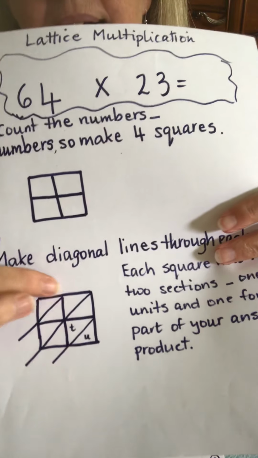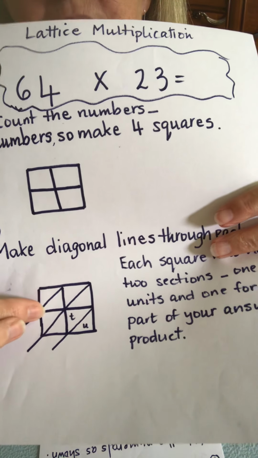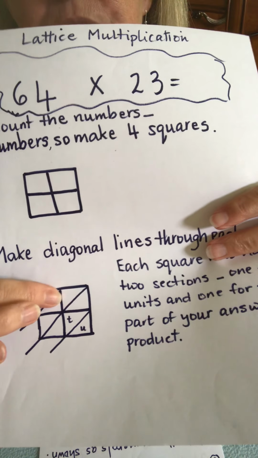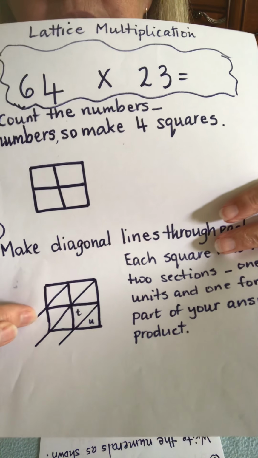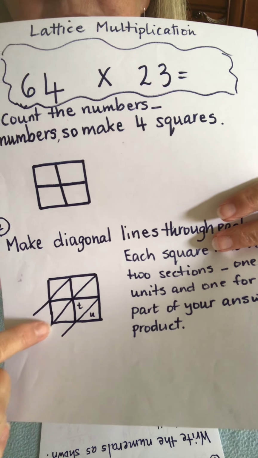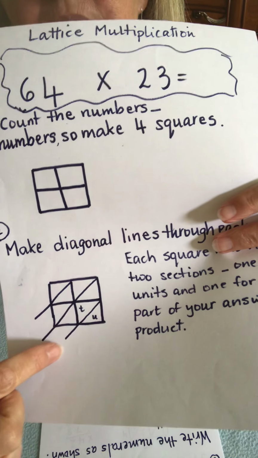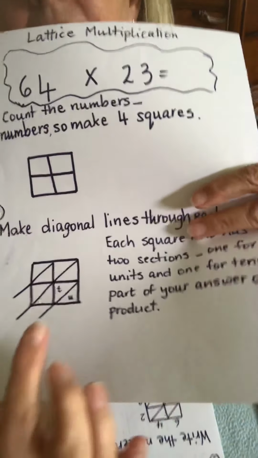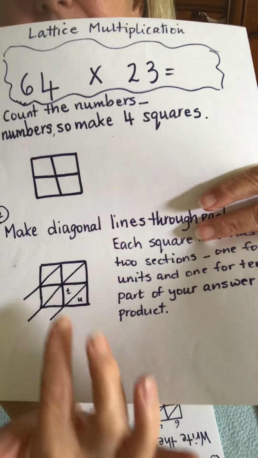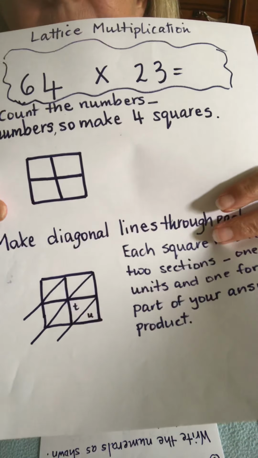We had learned about lines last week and how the diagonal goes from one vertex to the opposite one. So we're going to do that with each square, but we're going to continue our line out. Do you see that? This one will go through 2 squares and continue out, and this one will go through 1 square and continue out. I wrote U and T in here to help you understand units and tens. You do not need to write that.